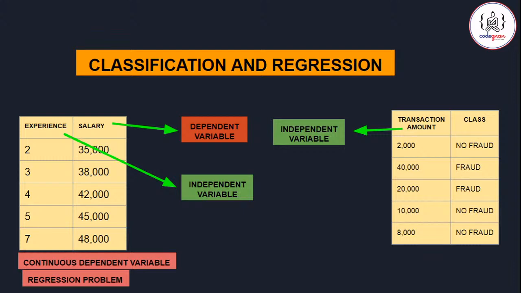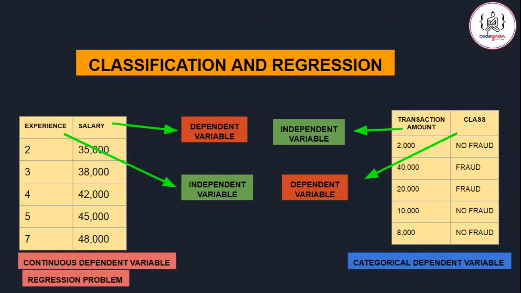So your independent variable is transaction amount, and your dependent variable is your class, right? We want to predict whether it is a fraudulent or not fraudulent transaction. Here, if you see, your dependent variable is categorical, right? You have categories as fraud and non-fraud, and this becomes your classification problem. Here we are mainly going to talk about the classification problems.